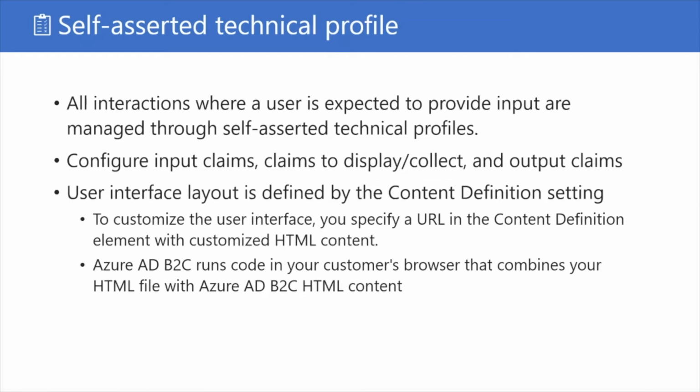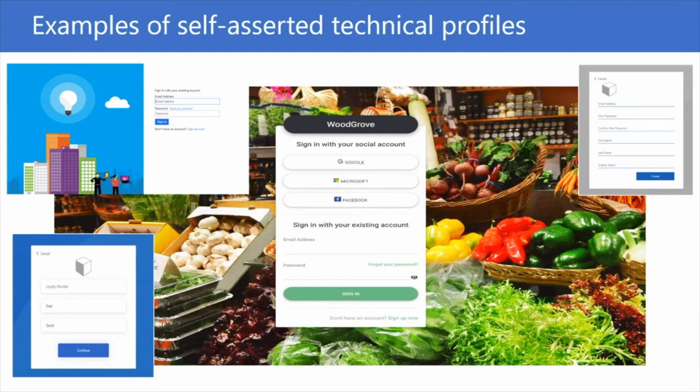What this does is it actually merges code in the customer's browser and combines the HTML that you specify and the Azure AD B2C content. They get merged together, and that's what ends up getting rendered in the end user's browser. A couple examples of different ways that this can look: you've got the classic screen for Azure AD B2C with the cartoon folks, maybe collecting a sign up or sign in experience for users.